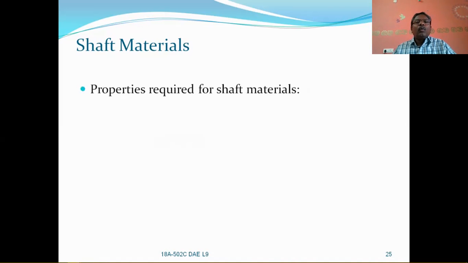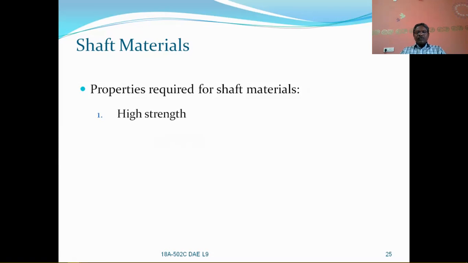Now let us see shaft materials. First of all, what are the requirements or the properties required for shaft materials? Number one is high strength.